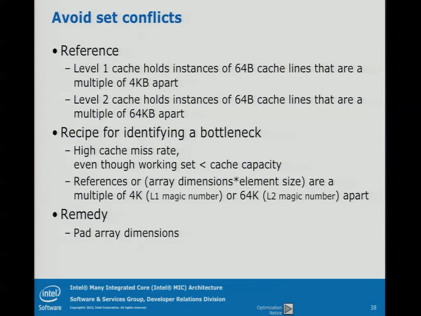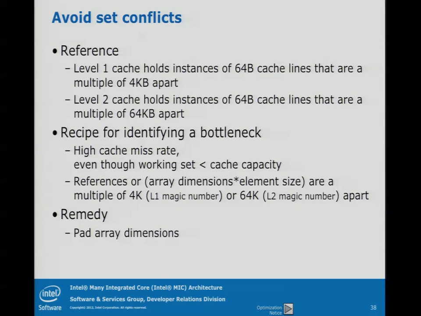Okay? So whenever you see a high cache miss rate and your references or array dimensions or whatever data structure are a multiple of 4K and you get a lot of L1 cache misses, then you got a problem with that alignment. Or if you have 64 kilobytes and see a lot of L2 cache misses, you got a problem on the L2 cache.